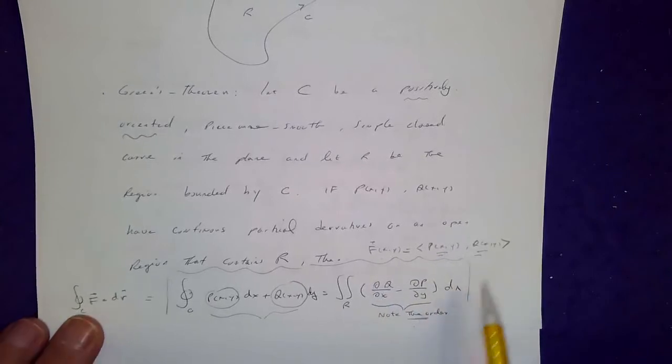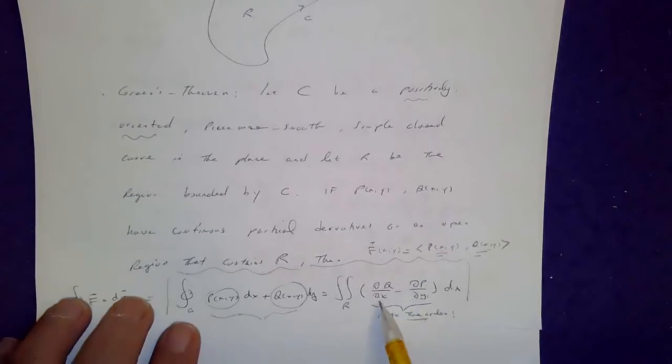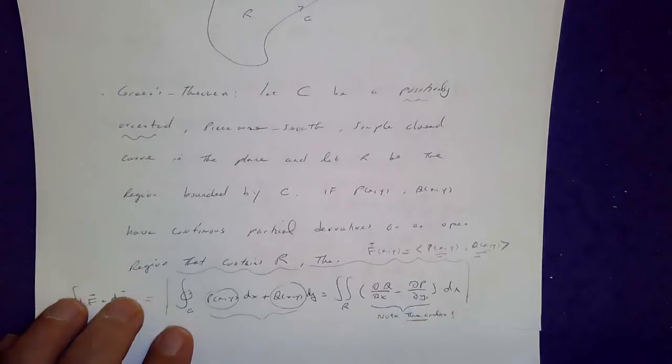Note the order. The partial derivative of the y component has to be taken with respect to x, whereas the partial derivative of the x component has to be taken with respect to y. You have to subtract them, and the order matters. So this partial has to go first, followed by this partial. Please do not change the order.